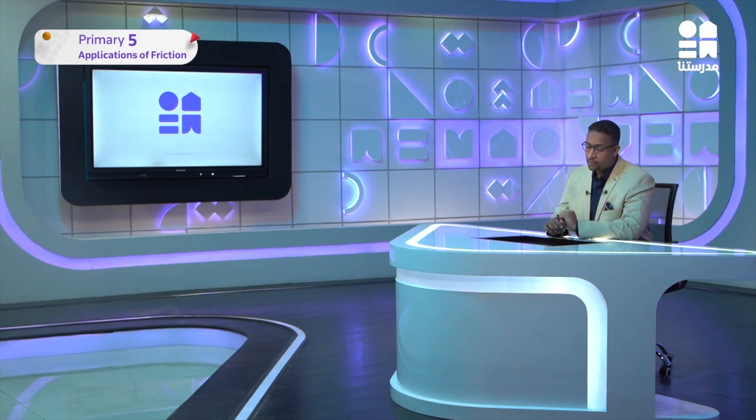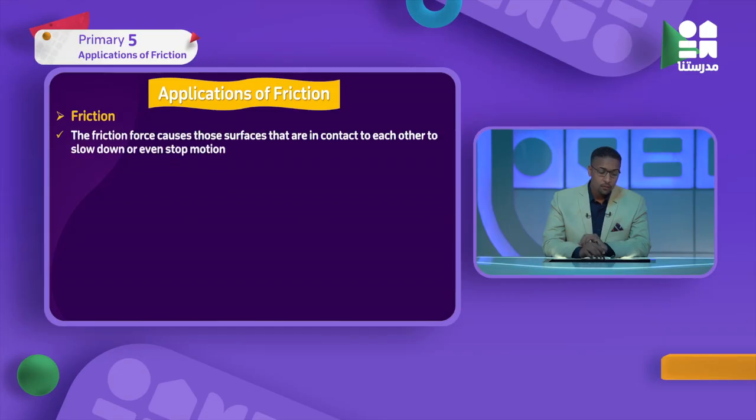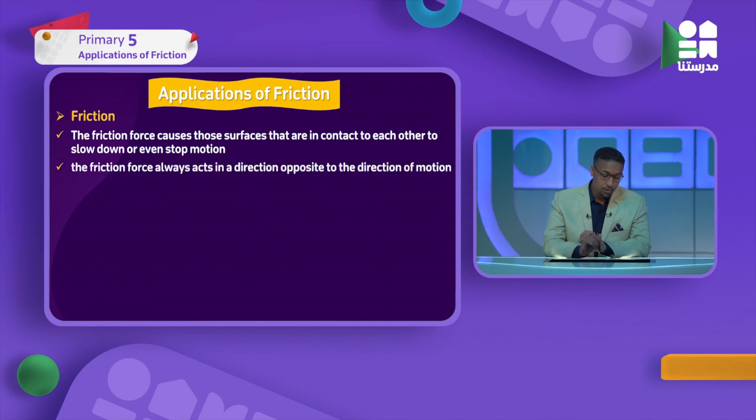حاجات كتير اتعلمناها عن الفريكشن. قلنا إن الفريكشن فورس causes those surfaces that are in contact to each other to slow down or even stop motion.